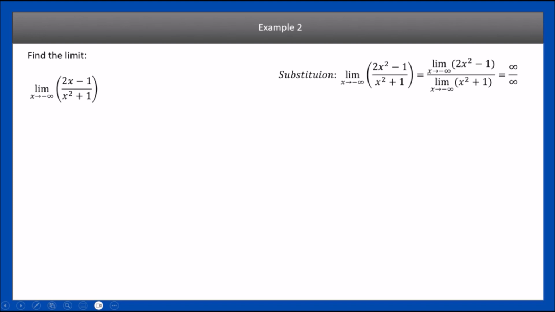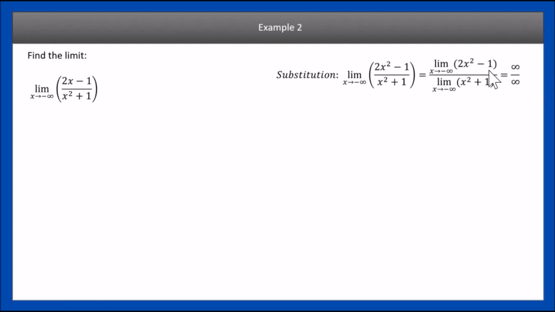Remember, negative infinity to the second power is positive infinity, because a negative number raised to the second power is positive. So we end up getting positive infinity in the numerator and denominator. We went ahead and corrected that little typo there. So we got infinity over infinity.